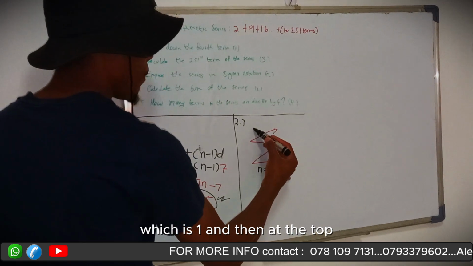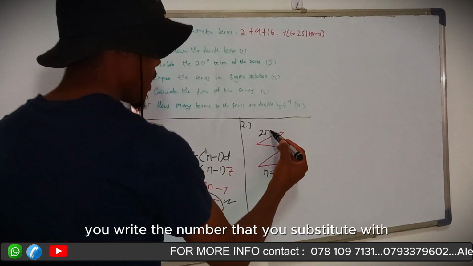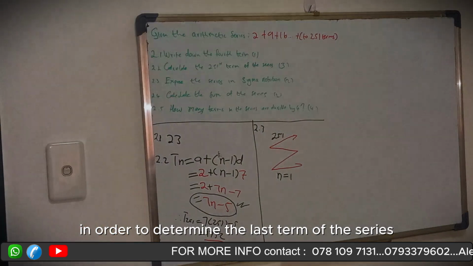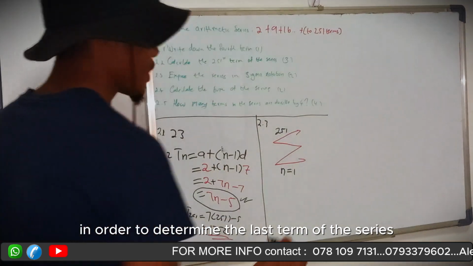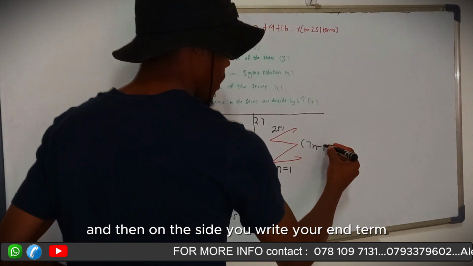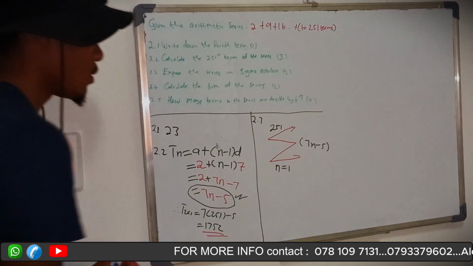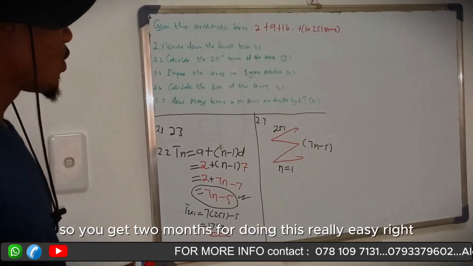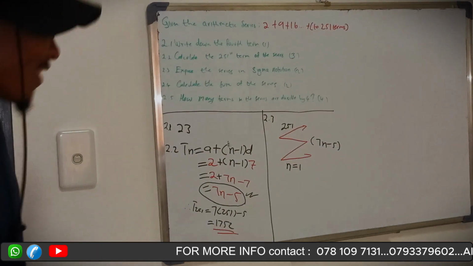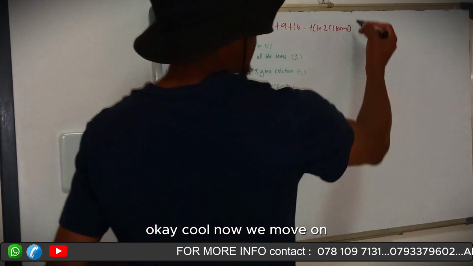And then at the top, you write the number that you substitute with in order to determine the last term of the series. And then on the side, you write your nth term. So you get 2 marks for doing this. Really easy, right? Okay, cool. Now we move on.